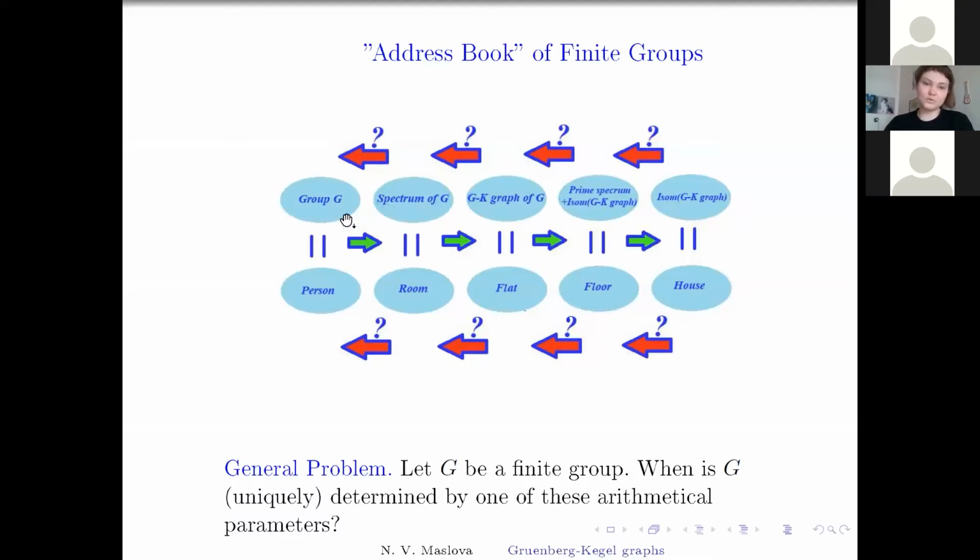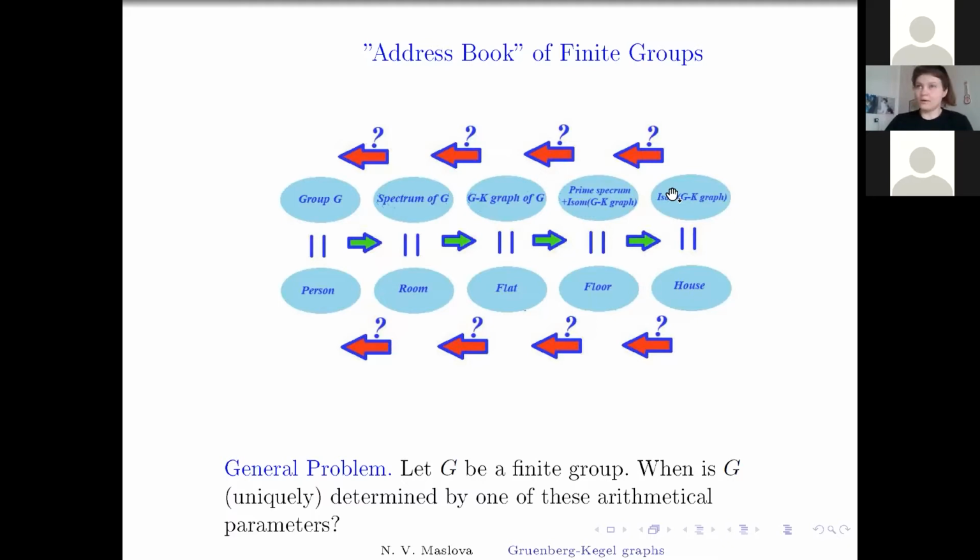Then let a group be a person. The spectrum of this group is the room number in the flat where this group lives. The Gruenberg-Kegel graph is the number of the flat where this group lives. The isomorphism type of this graph together with the prime spectrum is the number of the floor in the house where this group lives. And the isomorphism type is the number of the house where this group lives.